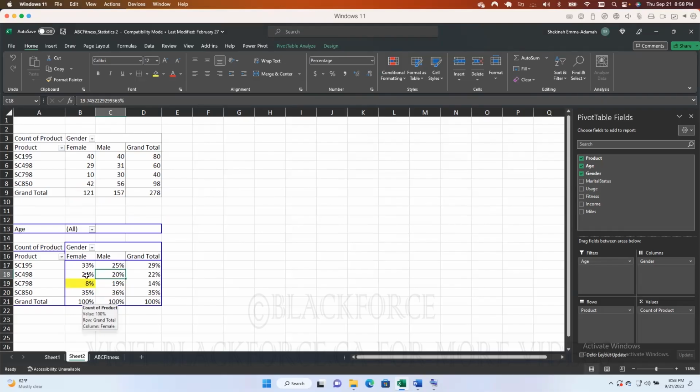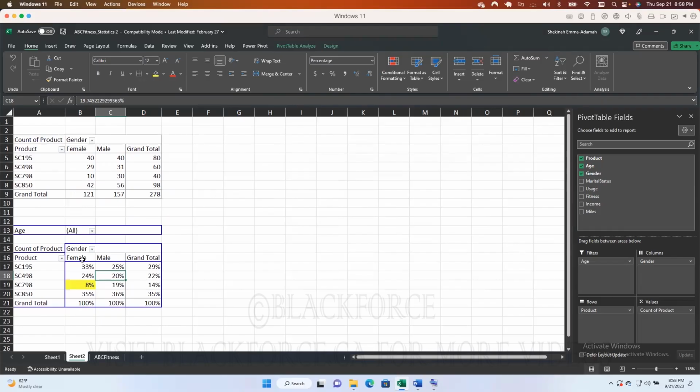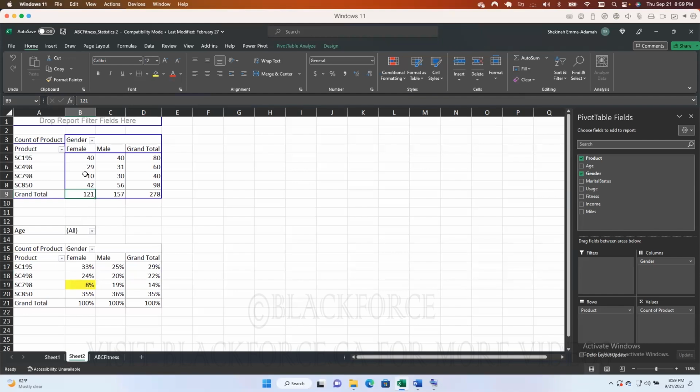So what we're saying is, of all the different treadmills that female customers bought, 33%, the SC195, or rather the SC850 and 195 are most popular among women, and the SC798 is least popular among women. So in this case we're doing it as a percentage of the column. So if your total number of women is 121, only 10 of those were this model bought by female customers.